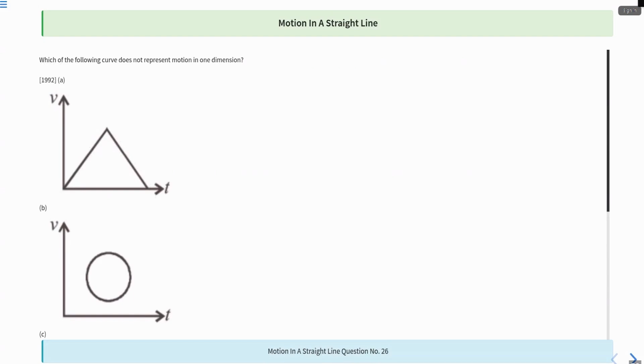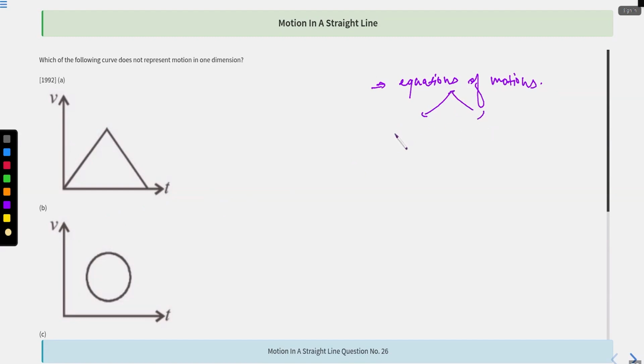Just to quickly sum up, some of the important concepts we had discussed before were equations of motion, which were dealt with in two ways, with differentiation and in vector format.